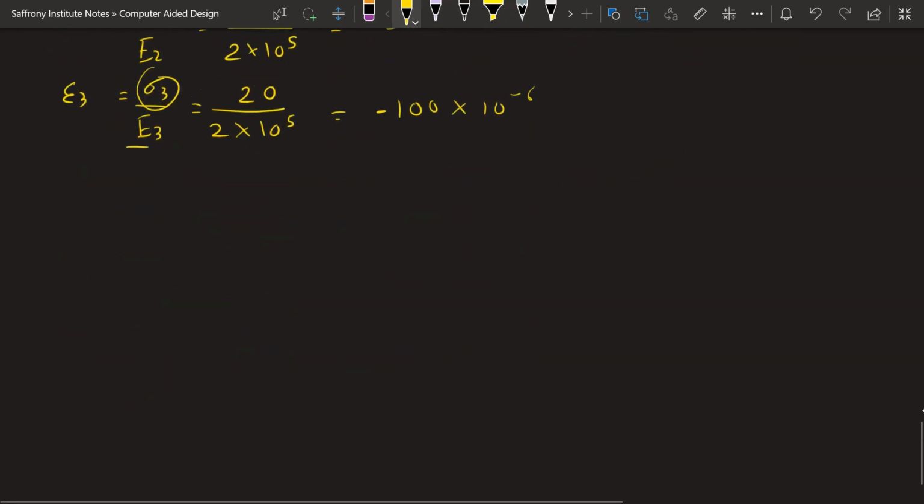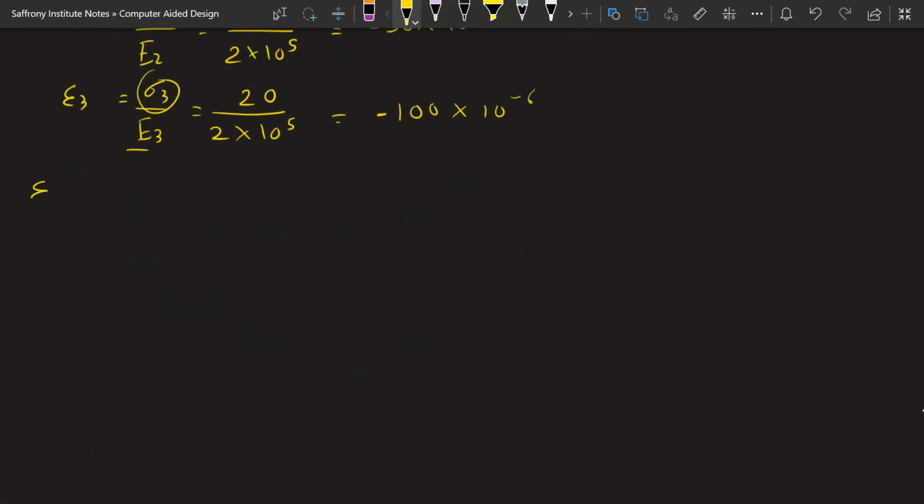Hence the required strain in element number 1 is 150 into 10 raised to minus 6, strain in element number 2 is minus 50 into 10 raised to minus 6, and strain in element number 3 is minus 100 into 10 raised to minus 6.